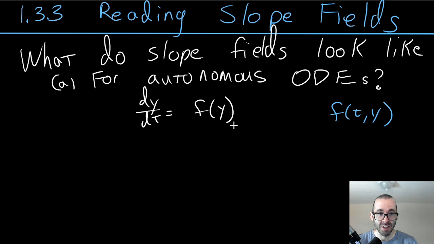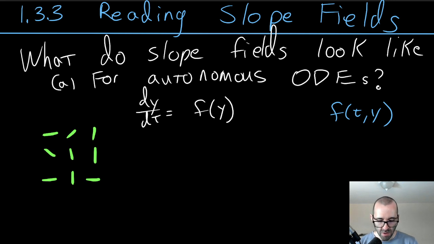So what do you think a slope field is going to look like for an autonomous ODE? Well, let me ask you a different question. Let's turn this into multiple choice. Which one of these do you think might be a slope field for an autonomous ODE? Do you think this could be the slope field for an autonomous ODE?